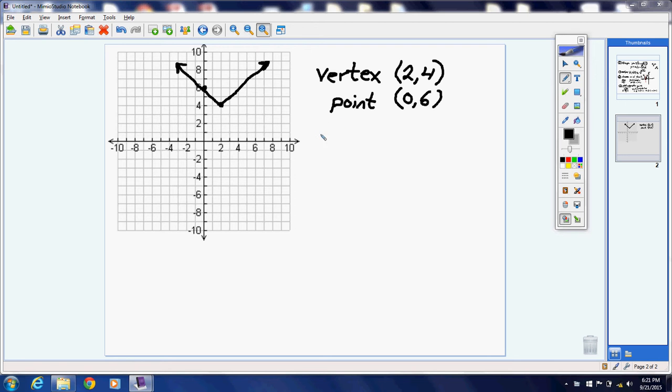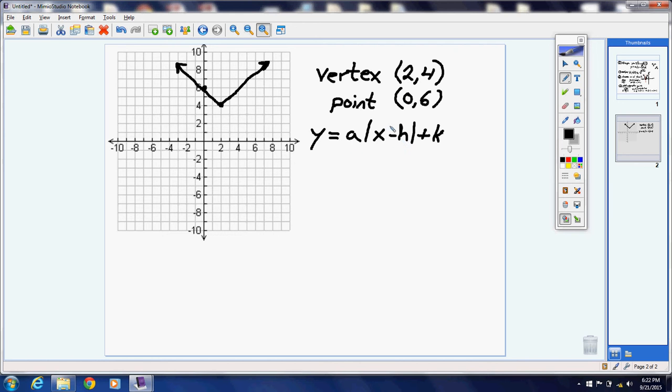Recall that our general equation for an absolute value function is y equals a times the absolute value of x minus h plus k. We are given the vertex first, and we can plug that in pretty easily.